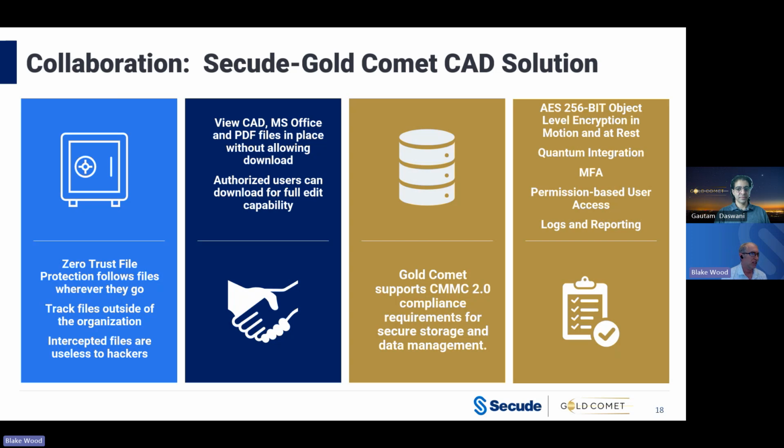It's possible to track the files through the workflow process of labeling and encrypting them, as well as when they leave or they're going to be used by someone on the inside or someone on the outside. We're capturing that information through the Microsoft Entra ID information. And again, intercepted files are of no use to anyone that might come across them.